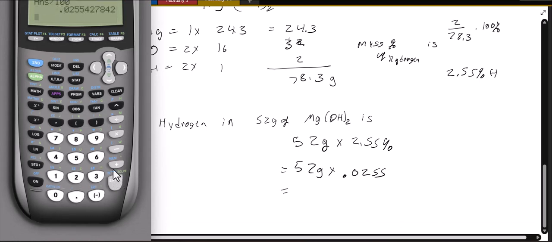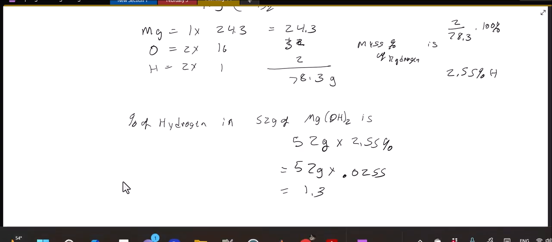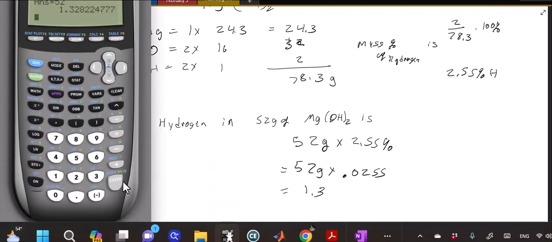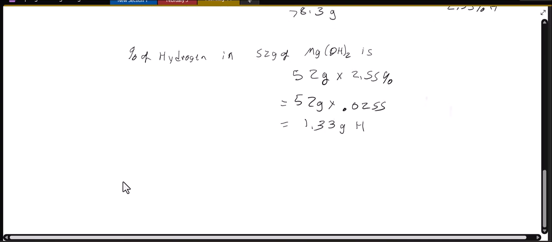So you multiply times your value before you multiply by 100, or I take 2.55% and divide it by 100. And I get 1.33 grams of hydrogen.